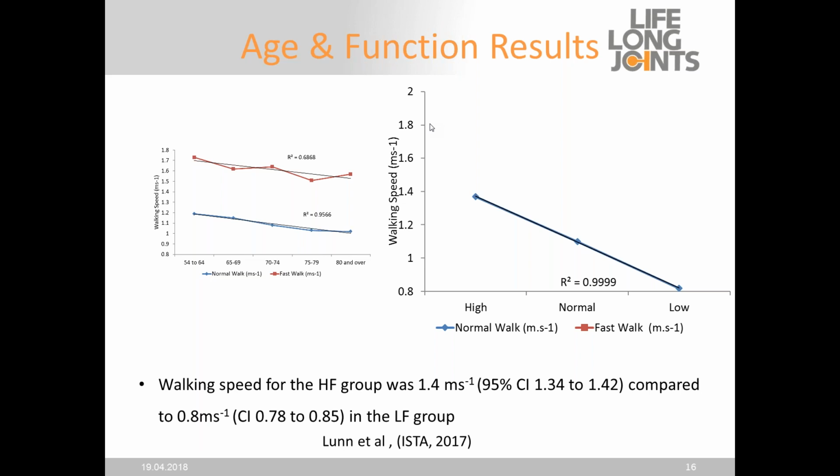But unlike in our age strata, the correlation remained the same, indicating that our low functioning patients remain low functioning under more demanding activities. From this, we came up with the idea that walking speed or biomechanical characteristics might be a better indicator of true function than patient demographics.